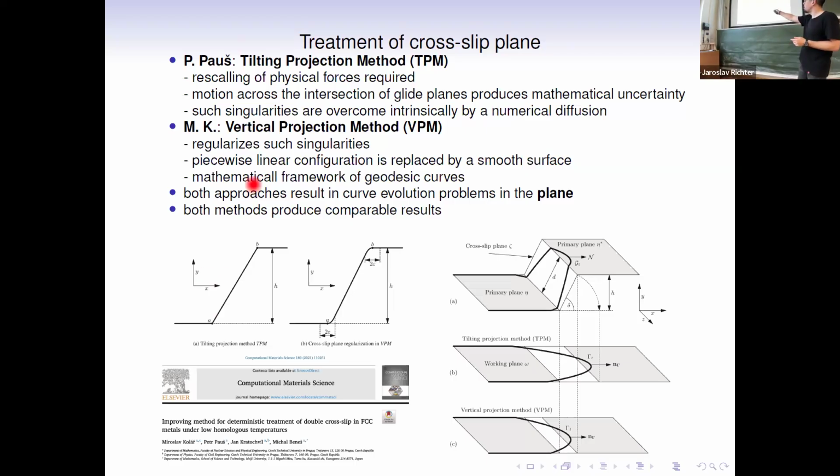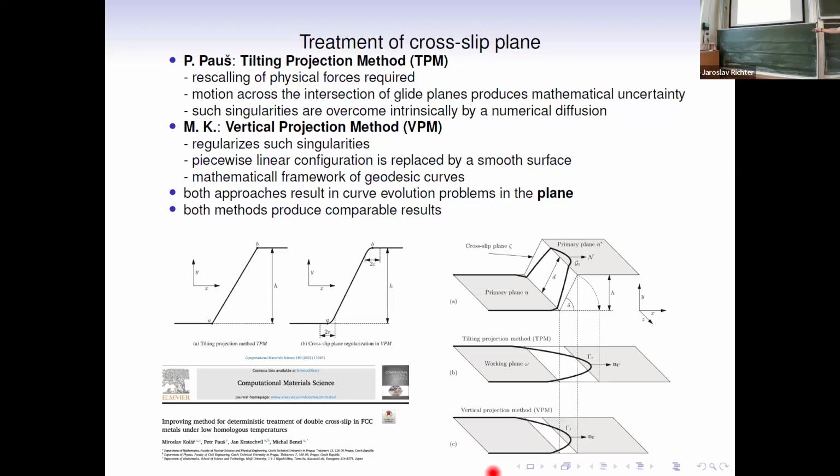So that's why we try to propose another method, not a tilting like this, but a vertical projection like this one. So here, if you look at the right one, you can see the difference. Here, there is a tilting, so we just tilt everything to one plane, and here, when we make a vertical projection, we just map from up to down and again create a planar problem.